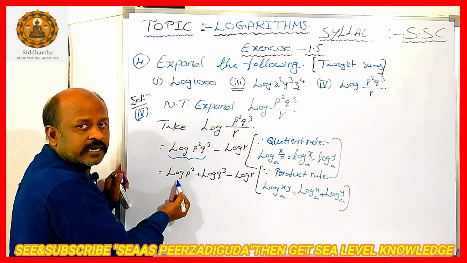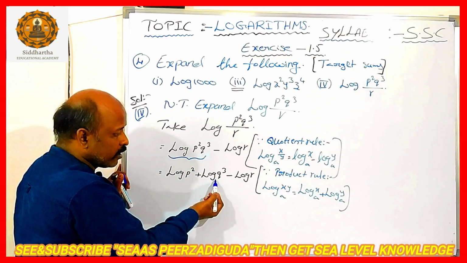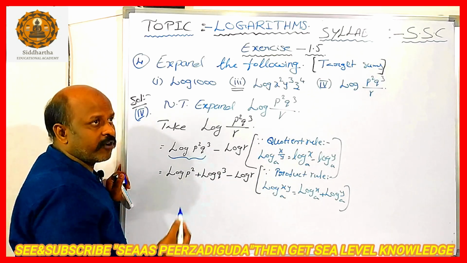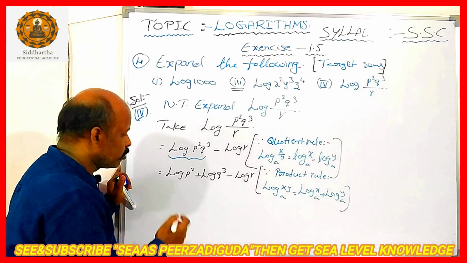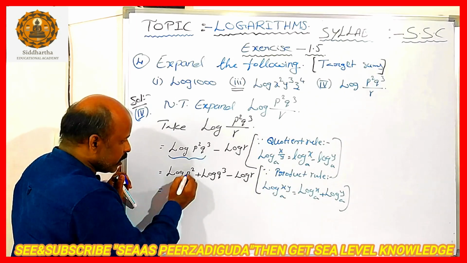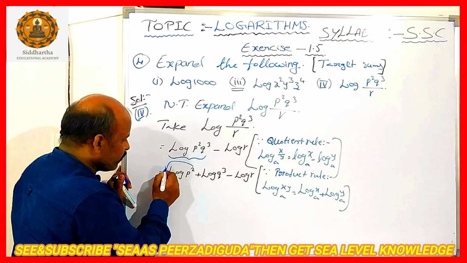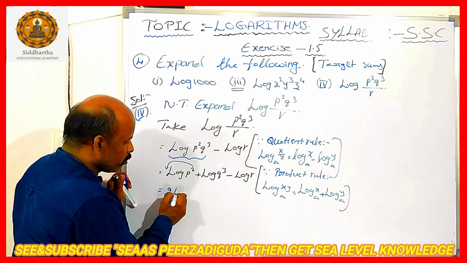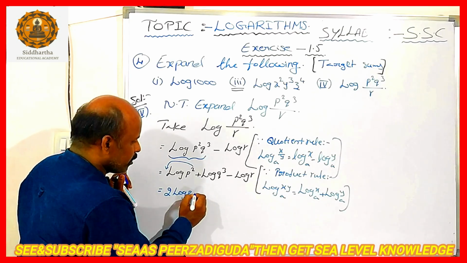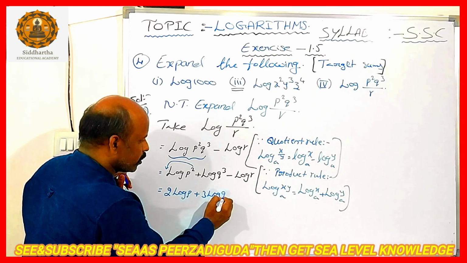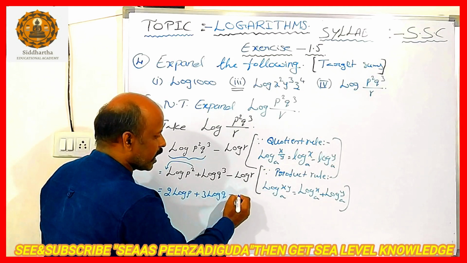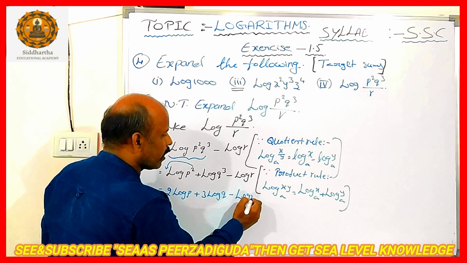Again, when we are observing log p square and log q cube, it is in the form of power. We have to use power rule now. So I am going to write this 2 in front of log. I am going to write 2 log p plus 3 log q minus, as it is, log r.